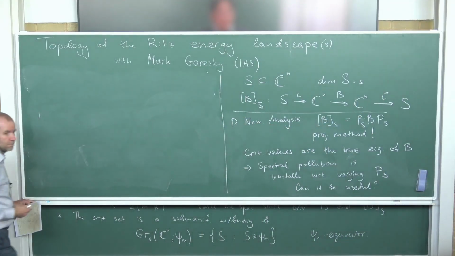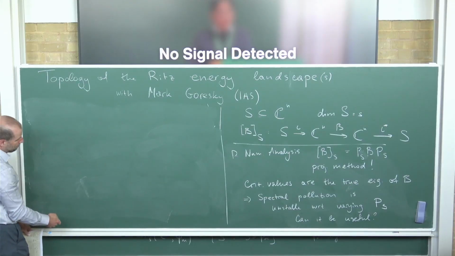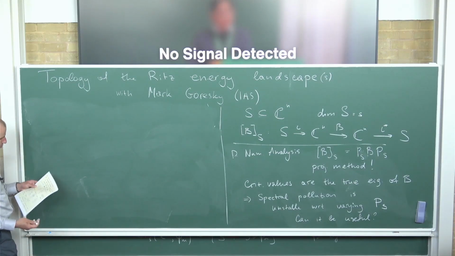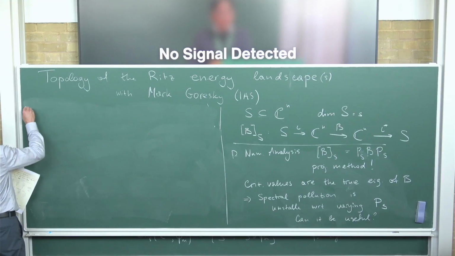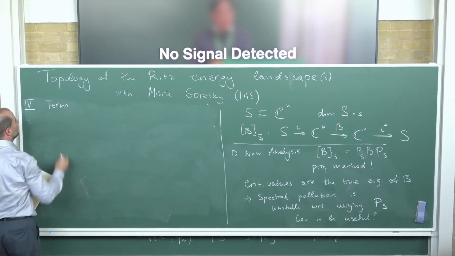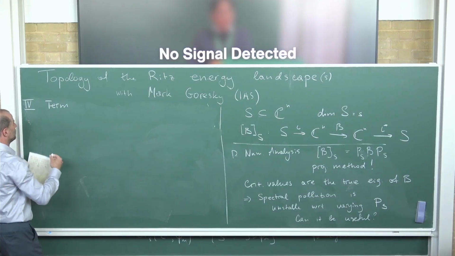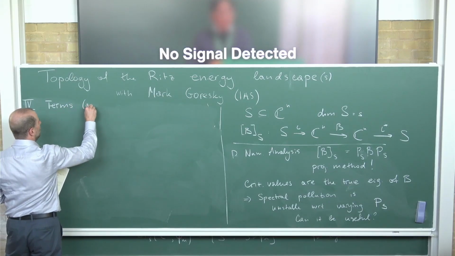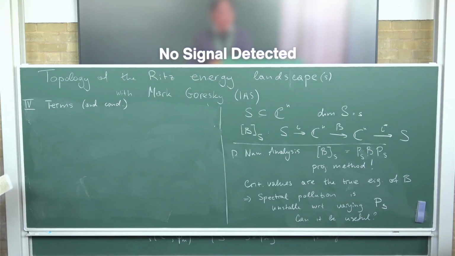I want to define, so the first result was the claim that it's a perfect Morse function. Let me try to explain what it is. This is probably the most interesting term, new to me at least, that we worked with.